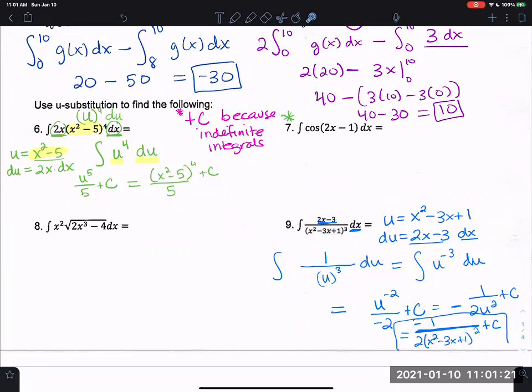So the reason you don't necessarily need U substitution for this problem is because of this. Do you know the antiderivative of cosine? Yes, you do. You know that it is sine. Do you know that when you usually take an antiderivative of something that's an inside function for basic problems, we would divide by that coefficient in front?